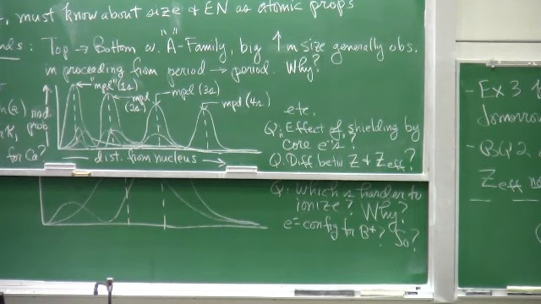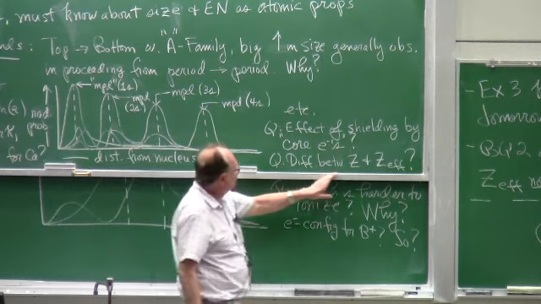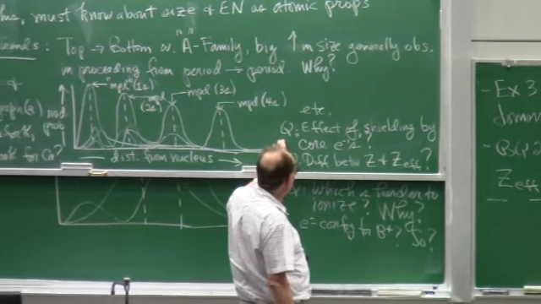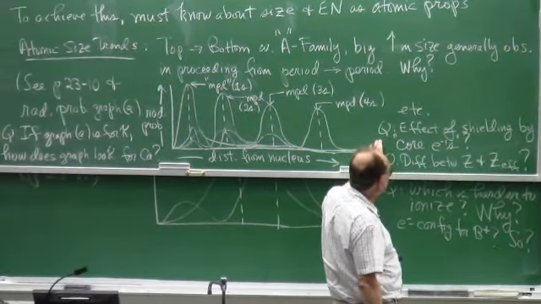Then we're talking about these questions over here. We already talked about the difference between Z and Z effective. Effective shielding by core electrons.